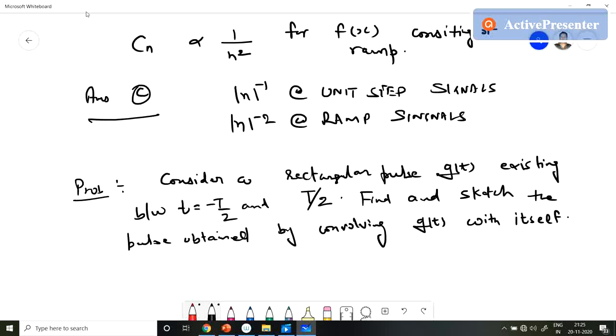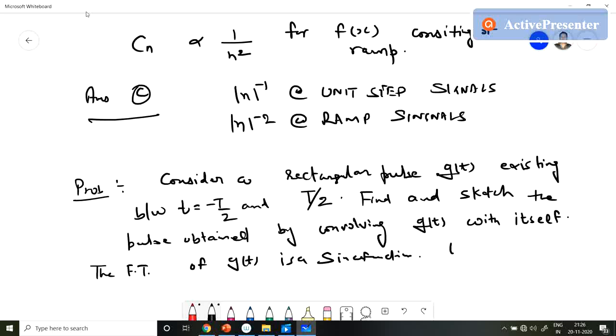So basically the Fourier transform of g(t) is a sinc function that we know.